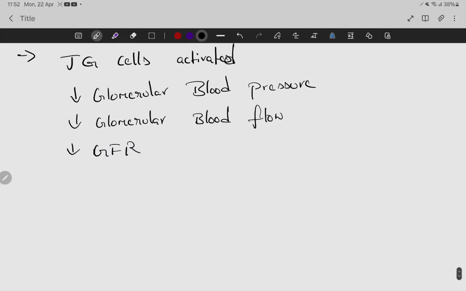With all these things, JG cells are activated.